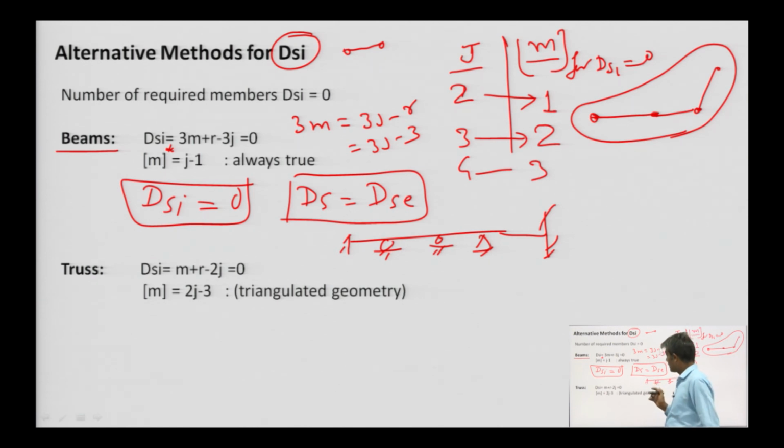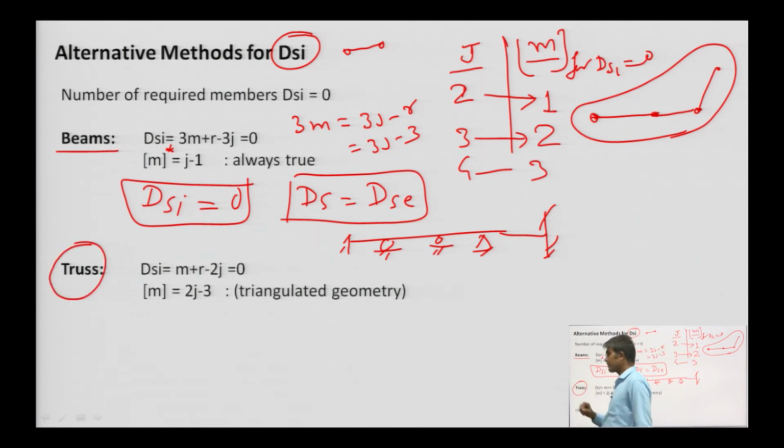In case of truss, find out the number of members for DSI equal to 0. Here we will get 2j minus 3.